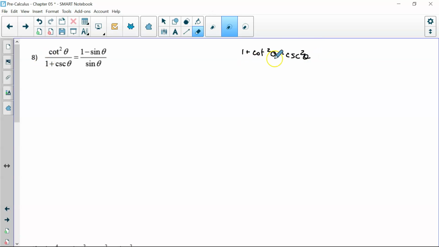So cotangent squared is the same as cosecant squared theta minus 1. So what I can do is I can put cosecant squared theta minus 1 over 1 plus cosecant theta.